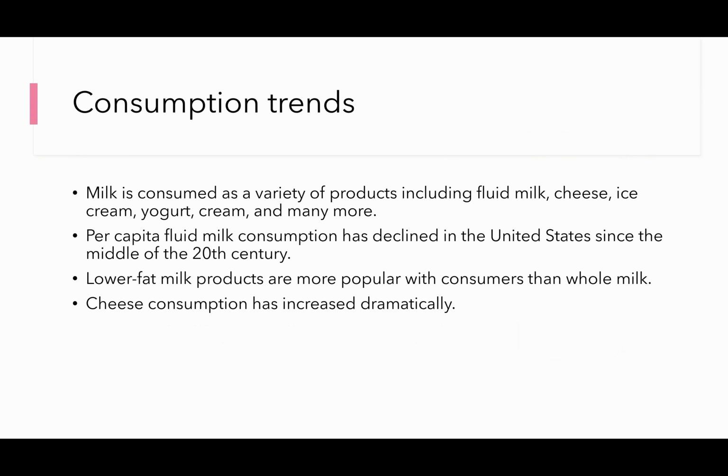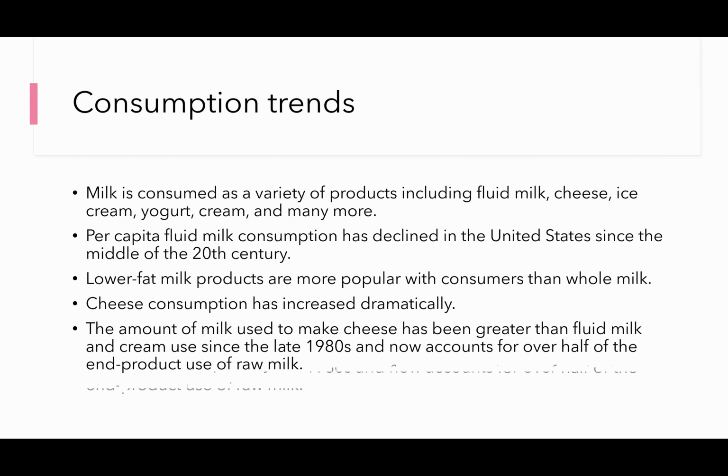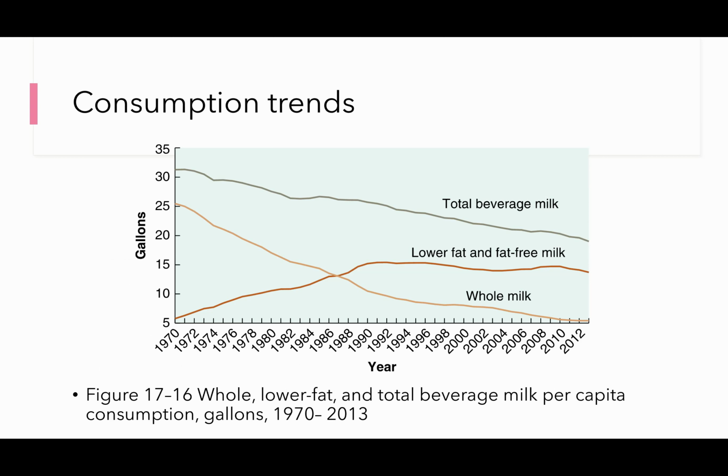Cheese consumption is increasing, and the amount of milk used to make cheese has been greater than that of fluid milk and cream since the late 1980s. The milk used for cheese now accounts for over half of the end product use of raw milk. Consumption trends have changed over the years, but overall, like we just mentioned, total milk has decreased, and whole milk has also decreased, but lower fat and fat-free milk consumption has increased.